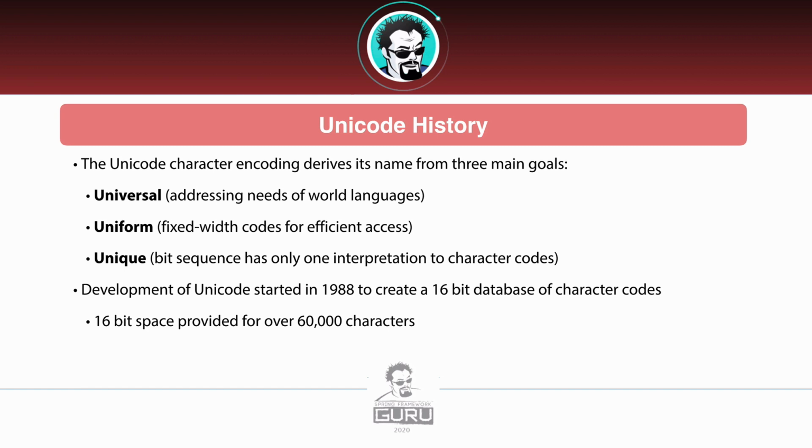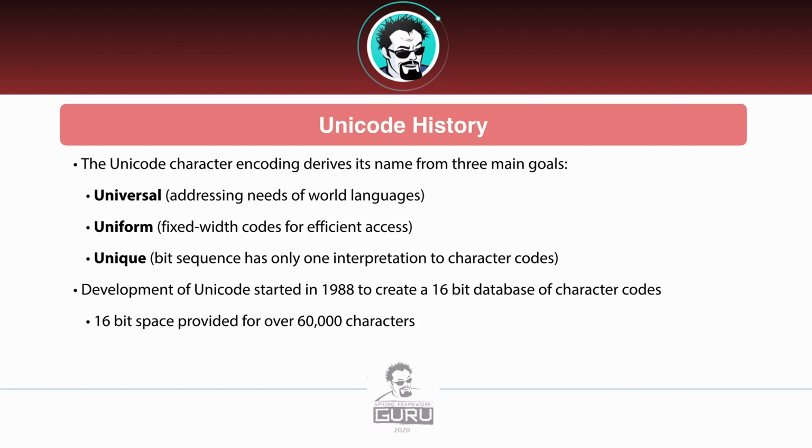So we're trying to address all the world languages, all the characters that are being used around the world within Unicode. And then also uniform, fixed width codes for efficient access, so that we're using 16-bit or 32-bit, whatnot. And then also unique, so that the bit sequence only has one interpretation to a character code. So that was the underlying goals of developing Unicode.